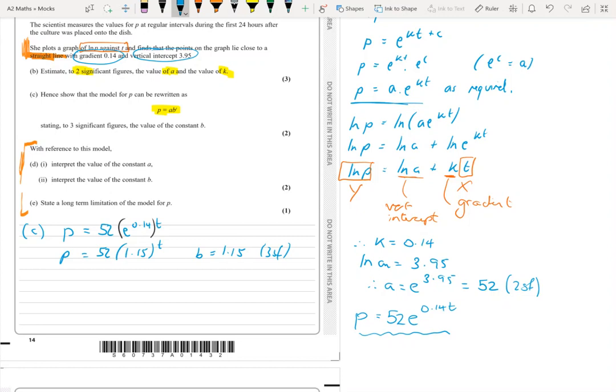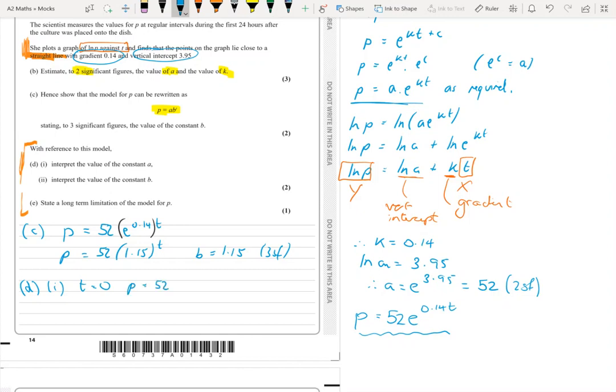Okay, part D. Interpret the value of the constant a. And a is this value of 52. Well, if you think about it, 52 is the value we get when t is 0. If t is 0, then p is that constant a, that 52.